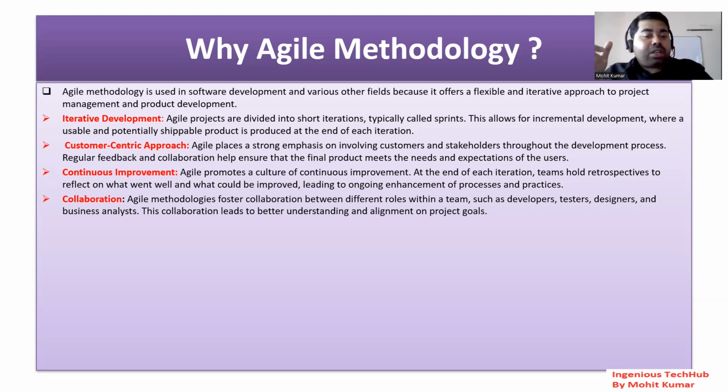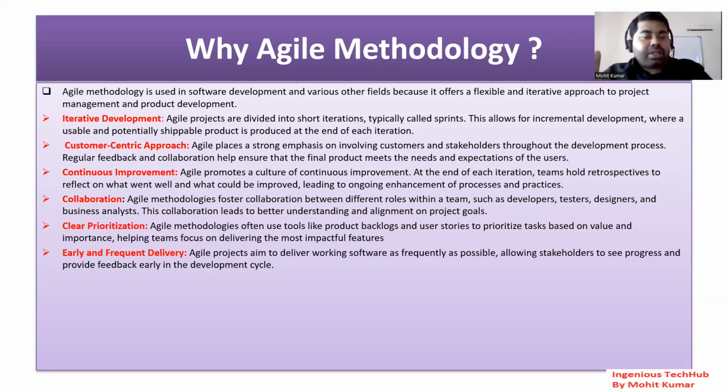This collaboration leads to better understanding and alignment on the project goals. So you can see what happens when you have good collaboration. Maybe you are not able to understand the requirement; we can directly reach out to the BA or developer. If you get a defect, or you have a requirement question, we can directly reach out to the developer. So we can directly reach out to anyone. So we have collaboration.